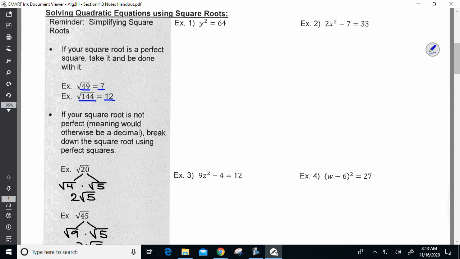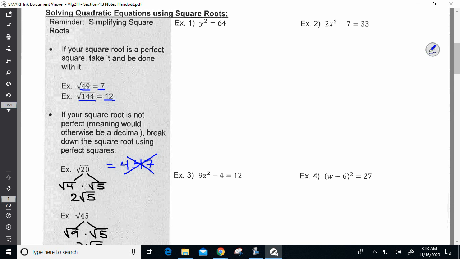If it's not a perfect square, that means you have to break it down using perfect squares. So for example, the square root of 20 is not a perfect square. That's equal to 4.47. That's not allowed as an answer.